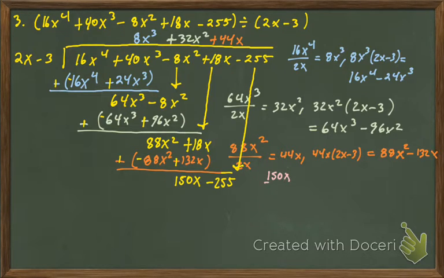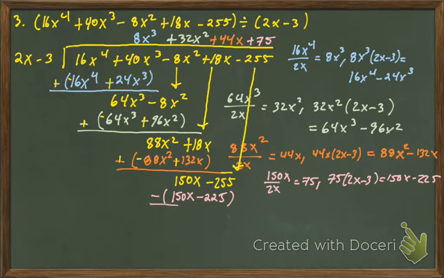So 150x divided by 2x is going to be 75, and then we're going to take the 75 times the 2x minus 3. That'll give us 150x and minus 225. Here's our 75. 75 times 2x, 150, and then minus 225. Subtract, change the signs, and we get a remainder of negative 30. So we got our quotient and our remainder.